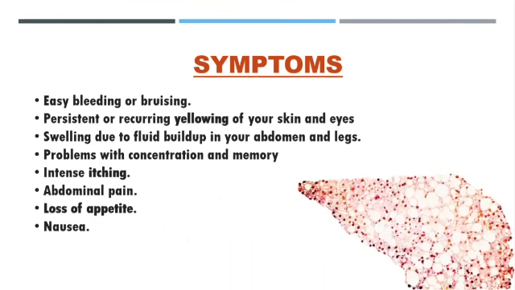The symptoms which show that the patient has end-stage liver disease may include easy bleeding or bruising, intense itching, abdominal pain, loss of appetite, swelling due to fluid buildup in your abdomen and legs, and nausea.